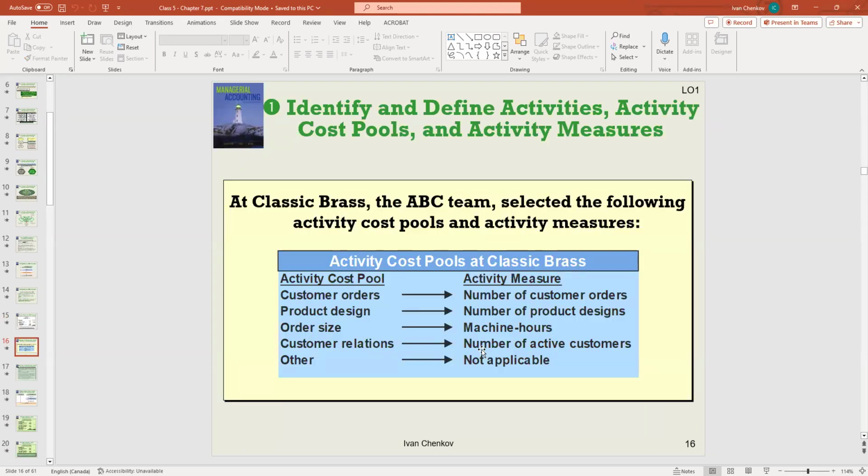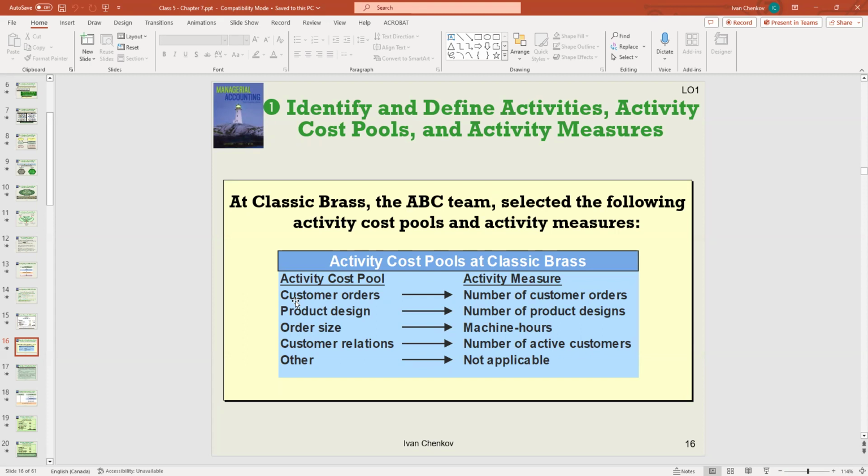So first, we're going to come up with the activity cost pools. What drives the cost? One thing that drives the cost in this company is the customer order. Every time the customer makes an order, the cost comes. Second activity that drives the cost is the product design.